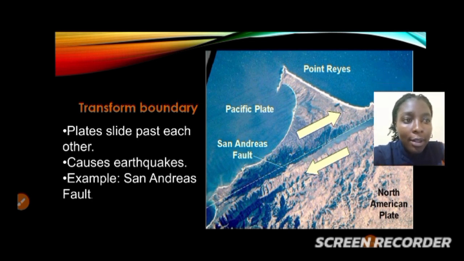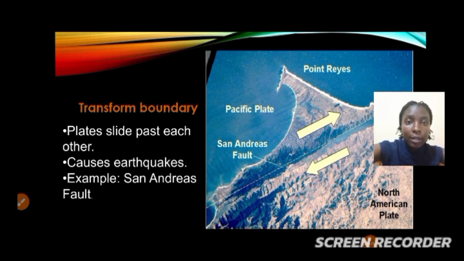As I recall, we have talked of the three boundaries: the divergent boundary, the convergent boundary, and the transform boundary. Where the divergent boundary plates move away from each other. And we talked of the convergent boundary, where we have examples of the Himalayas mountain and the Mariana Trench.